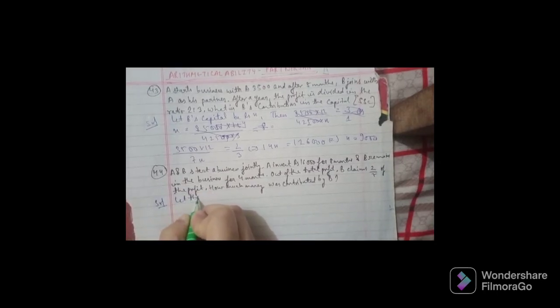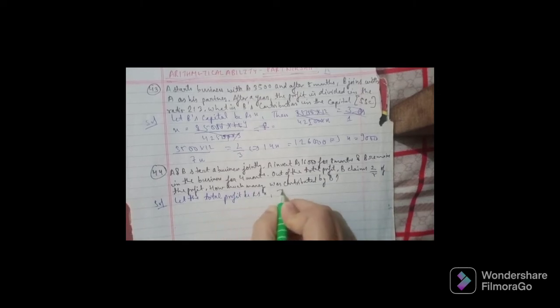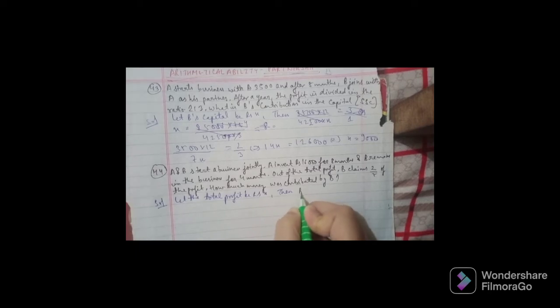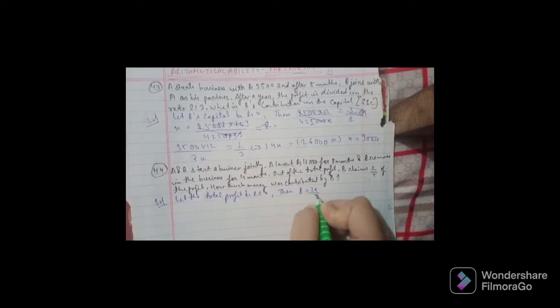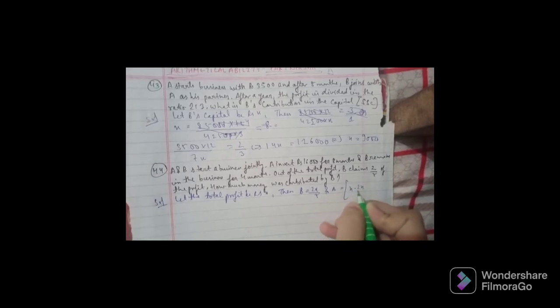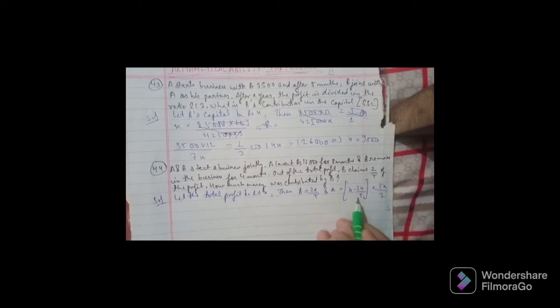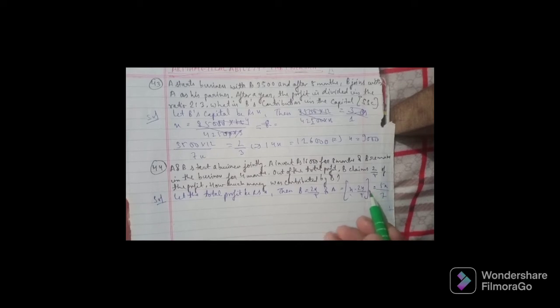Let the total profit be rupees X, then B equals 2x upon 7 and A equals x minus 2x upon 7, which is equal to 5x upon 7, because 7x minus 2x, that is 7 minus 2, is 5x upon 7.